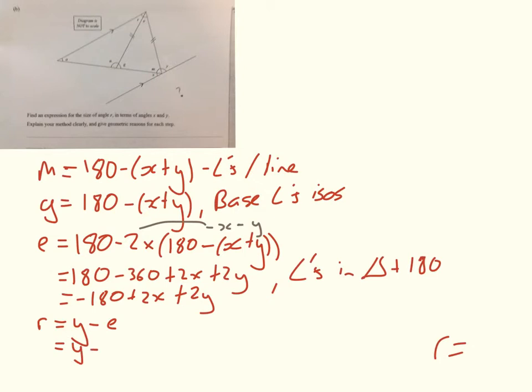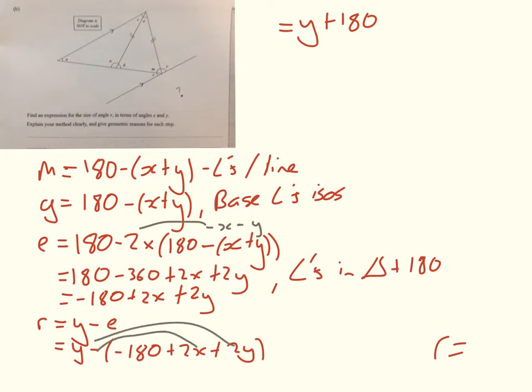You should be able to tell most of it. Bracket negative 180 plus 2x plus 2y, which means that it's going to be equal to y plus 180, and then minus times negative 2x, and then minus times positive 2y will be negative 2y.